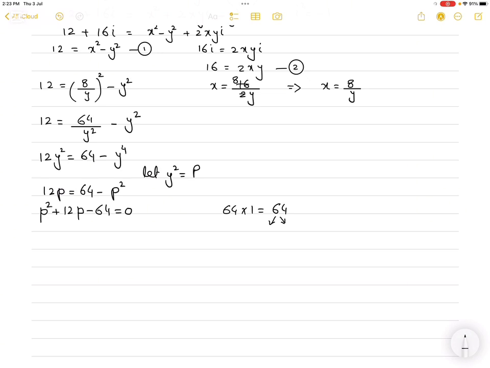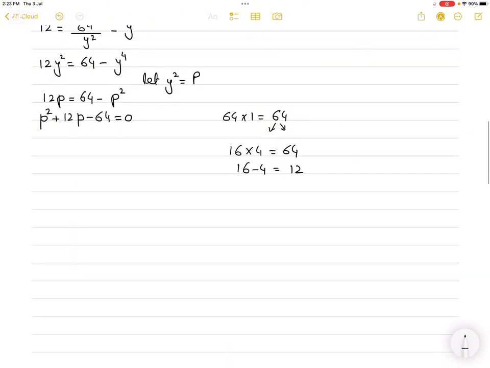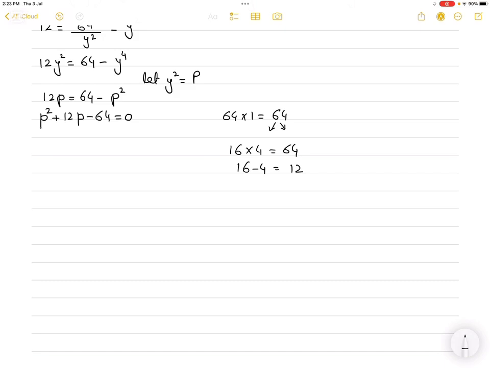If we are good in tables, 16 times 4 is 64 and 16 minus 4 gives me positive 12. So I will use 16 and negative 4 in place of 12p.